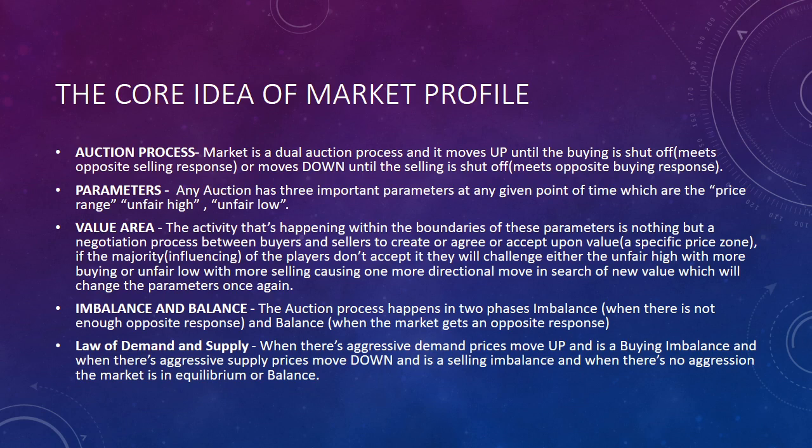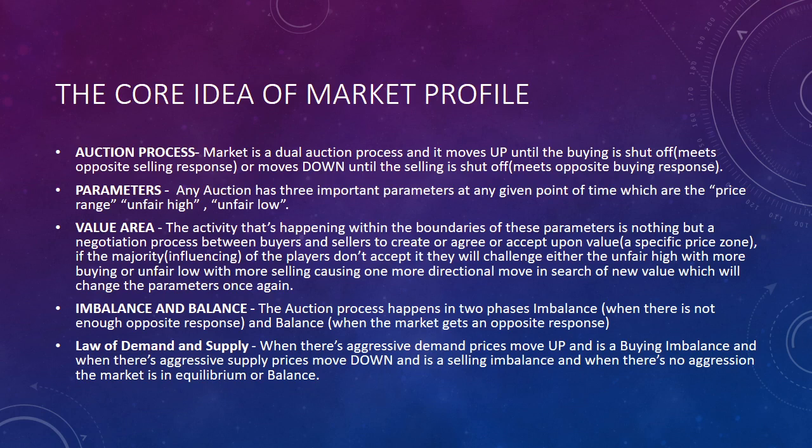So the buyers and sellers keep on running this auction from their perception of value. The value outcome at the end of the day is something where most of the people agree or accept it. That's how the value is created, and it is the mostly accepted price zone of a particular day.